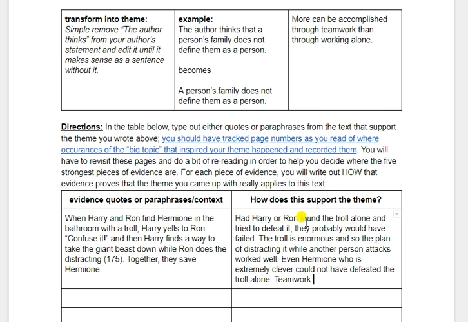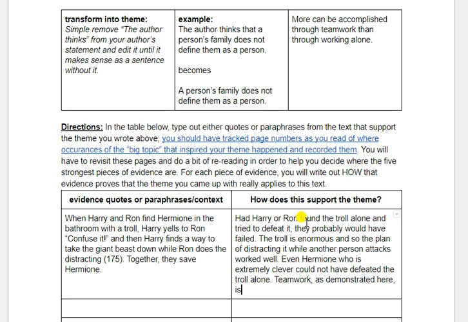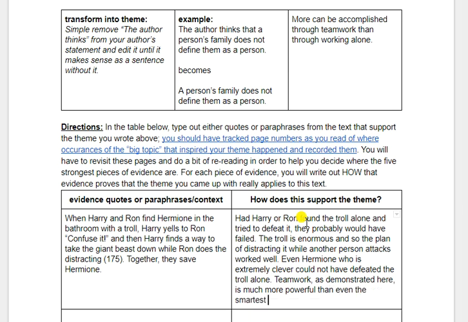Teamwork, as demonstrated here, is much more powerful than even the smartest wizard working alone.